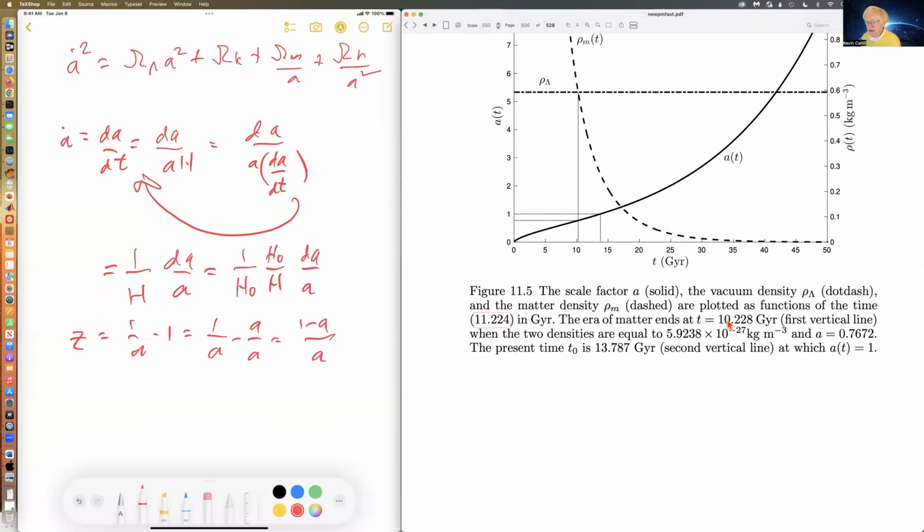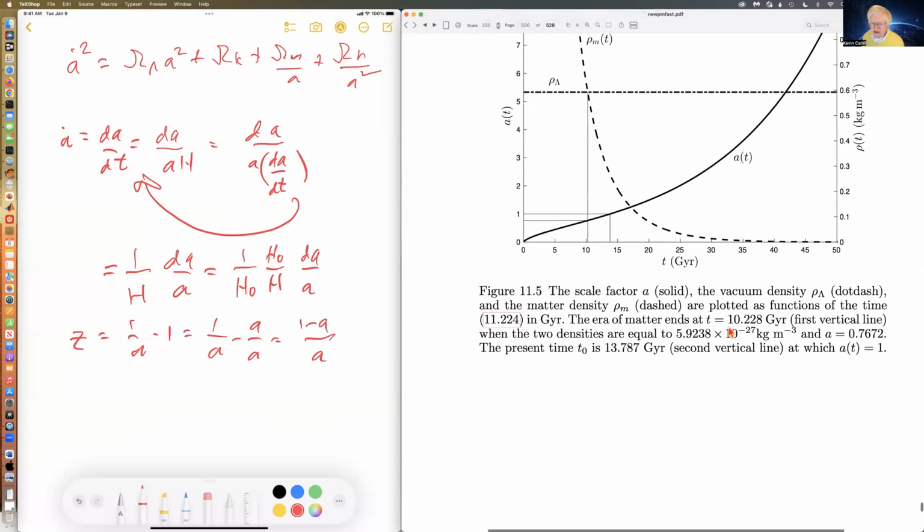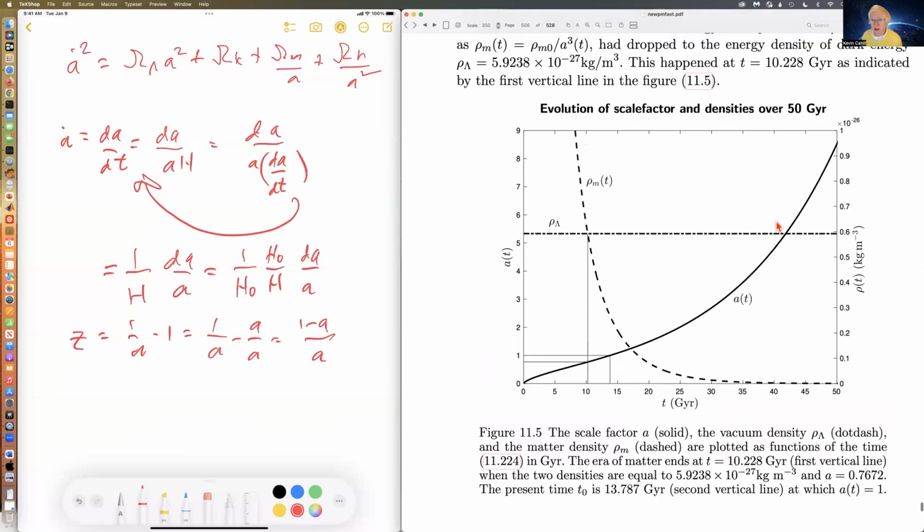So 10 billion is when the two energy densities, dark energy and matter, are equal.